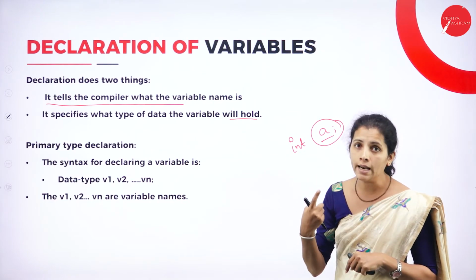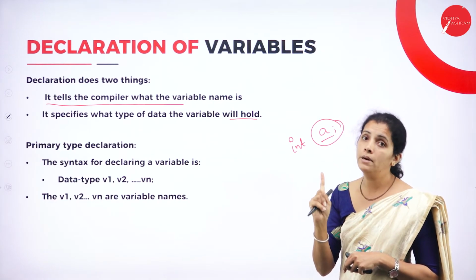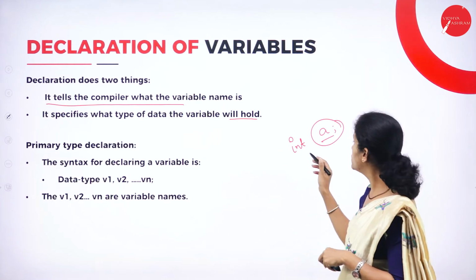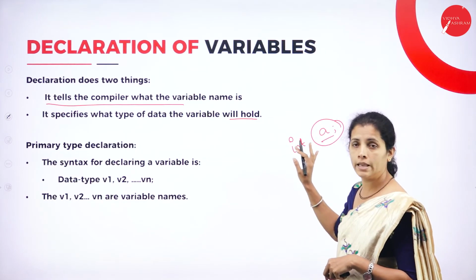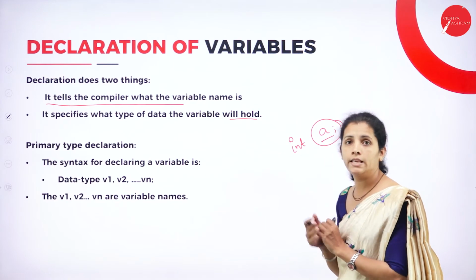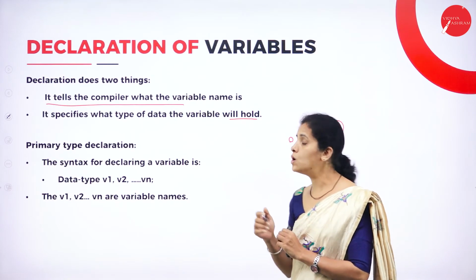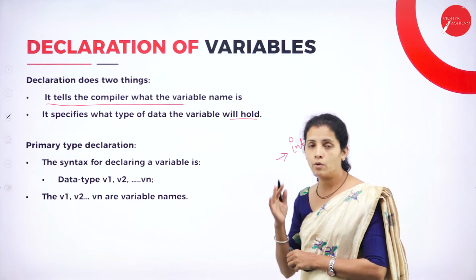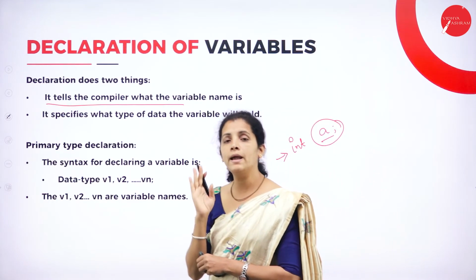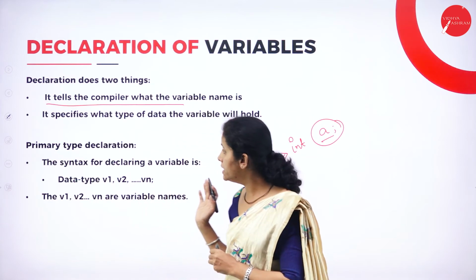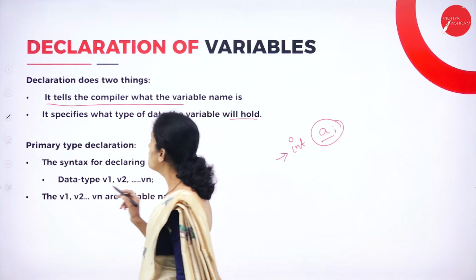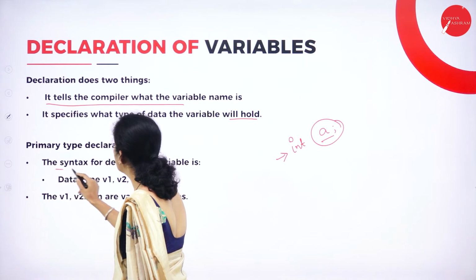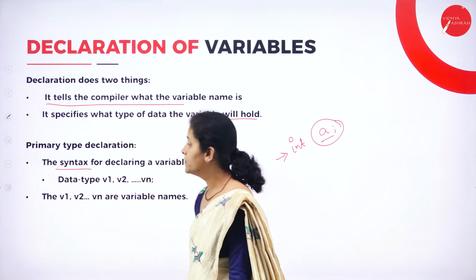First, it tells what the variable name is, and next it tells what kind of variable it is. These are the two things we have to remember. So, while defining any variable, first I want to specify the variable name, along with that I want to specify the data type. Now I'm going to have the declaration syntax.